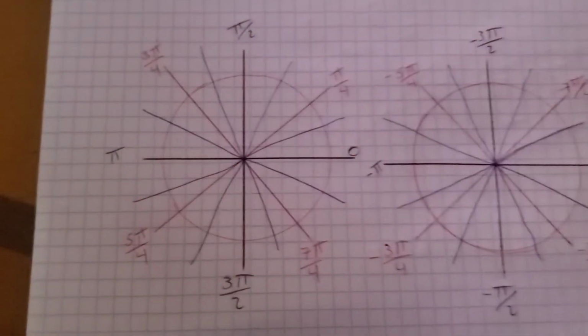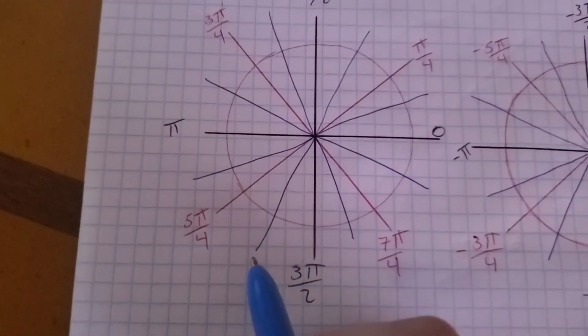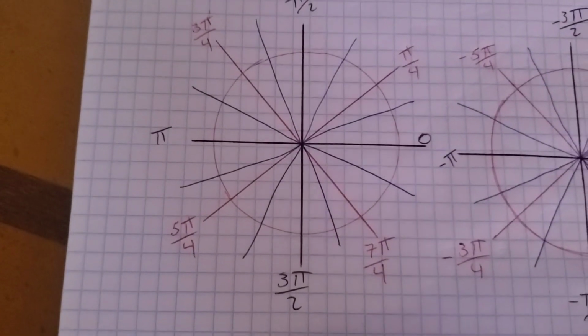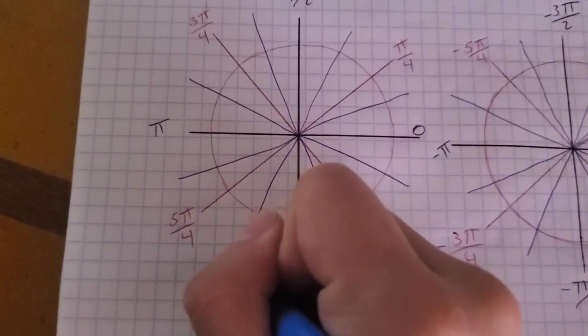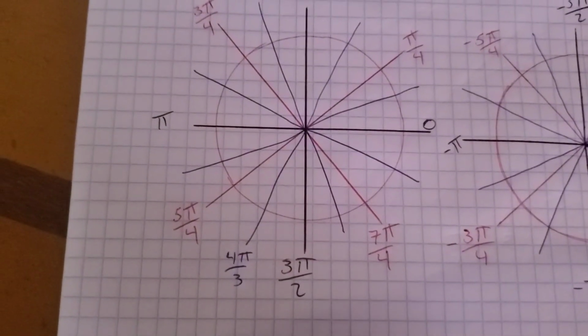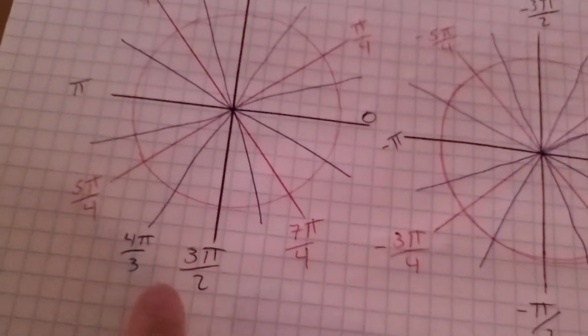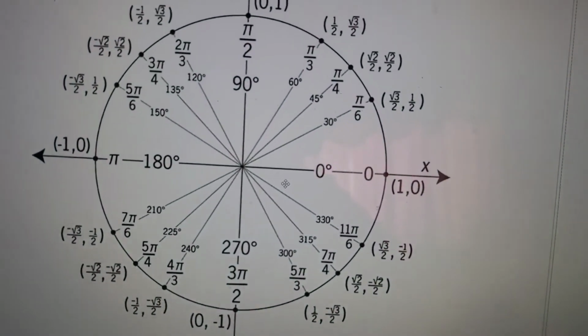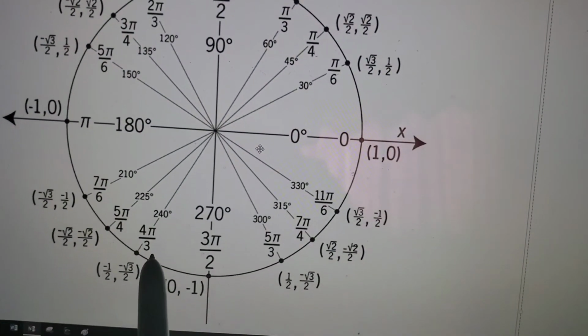So here's my original unit circle, and 4 pi over 3 was here. In my original unit circle, 4 pi over 3 is right next to 3 pi over 2.